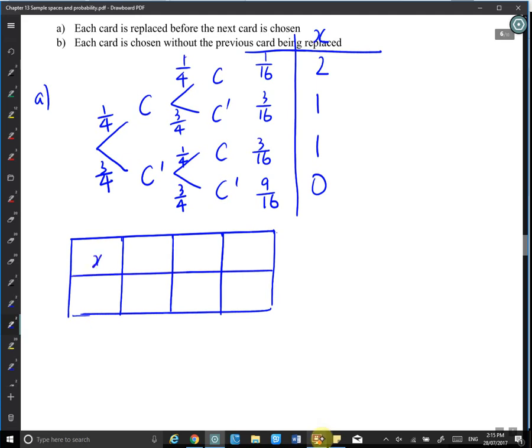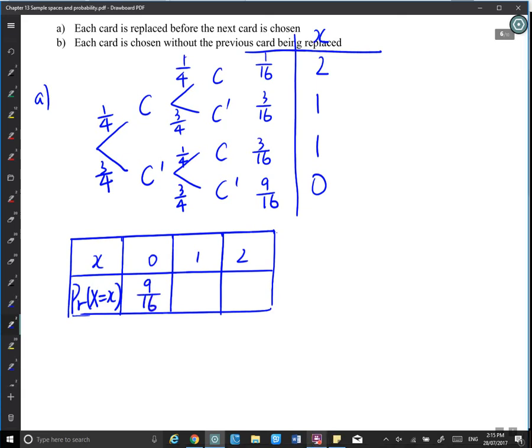Okay, x is 0, 1, 2, and the probability that X equals x. Okay, for 0, I have 9 over 16 chance of getting 0. For 1, there are 2 outcomes getting 1. So it's 3 on 16 plus 3 on 16, which is 3 on 8.